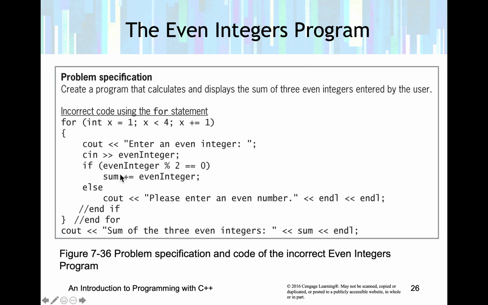So the problem here is that if it's not an even number, then this only iterates 3 times. So you're not going to have the sum of 3 even integers. So you basically waste a loop iteration if it's not an even number.